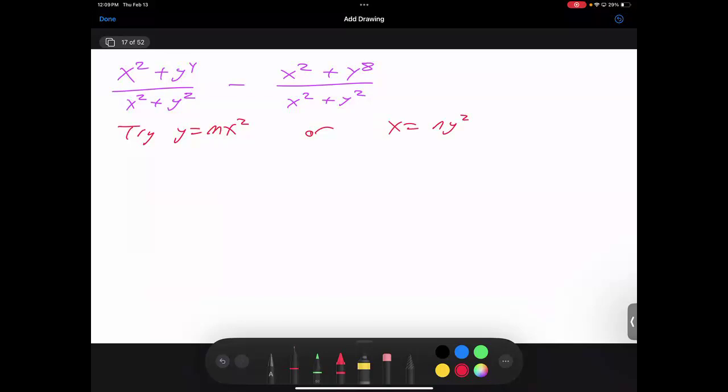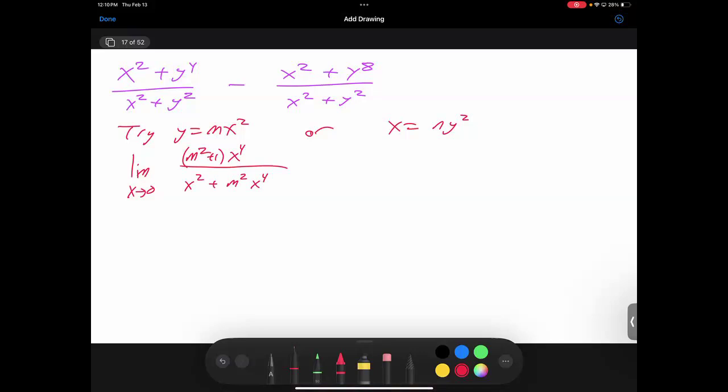The simplest possible parabola. And if we feed that in for the first one, if we take the limit as x goes to 0, if we take y equals mx squared, then the top is going to be m squared plus 1 x to the fourth, and down below is going to be x squared plus m squared x to the fourth.